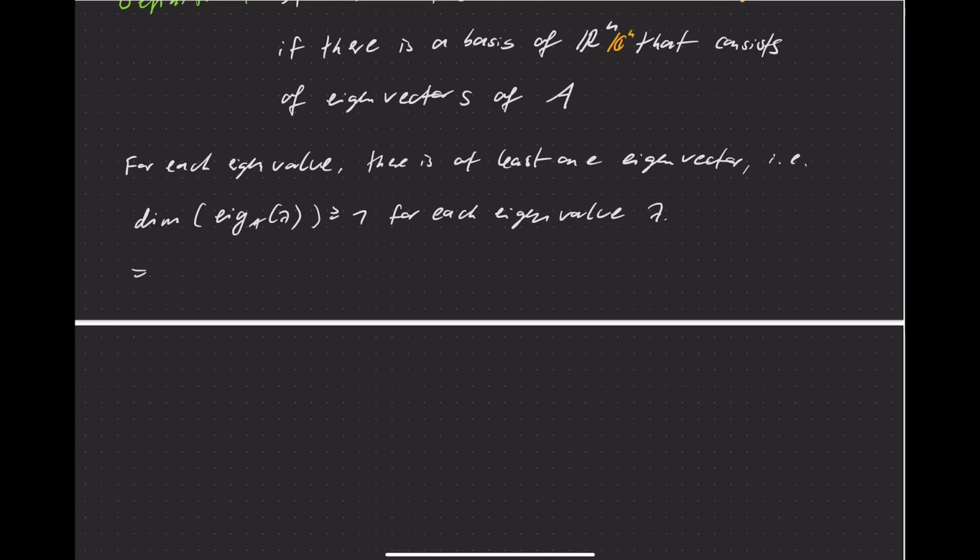So what that means already is if we have n distinct eigenvalues, then we can be sure that there is a basis of eigenvectors.